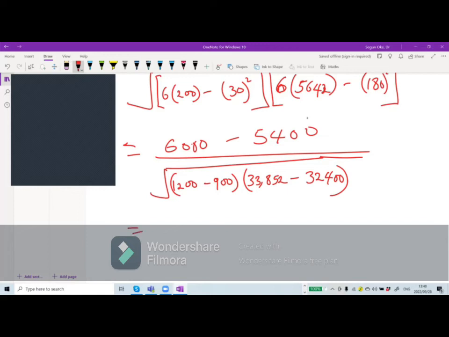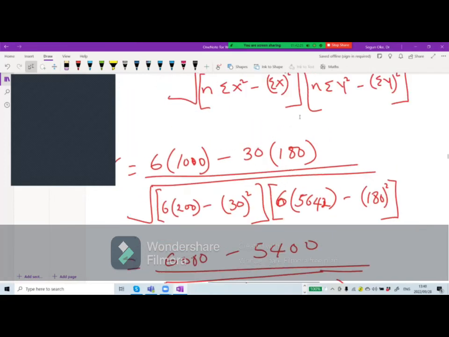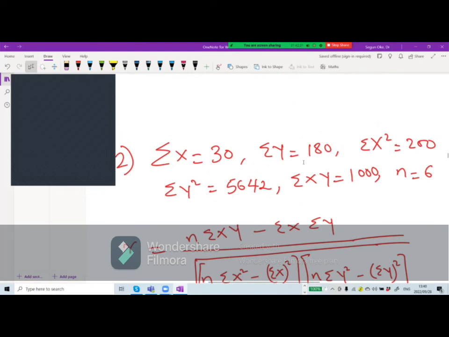The denominator. Yes. It's supposed to be summation x square, which is 180. Look at it. Sorry, summation x.